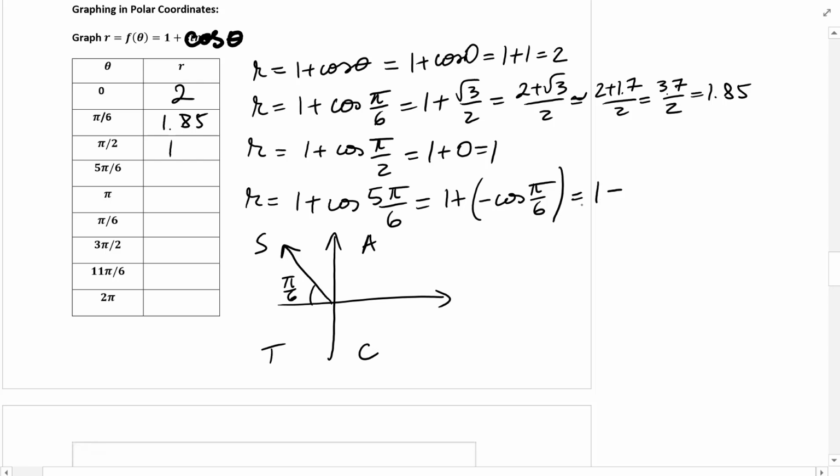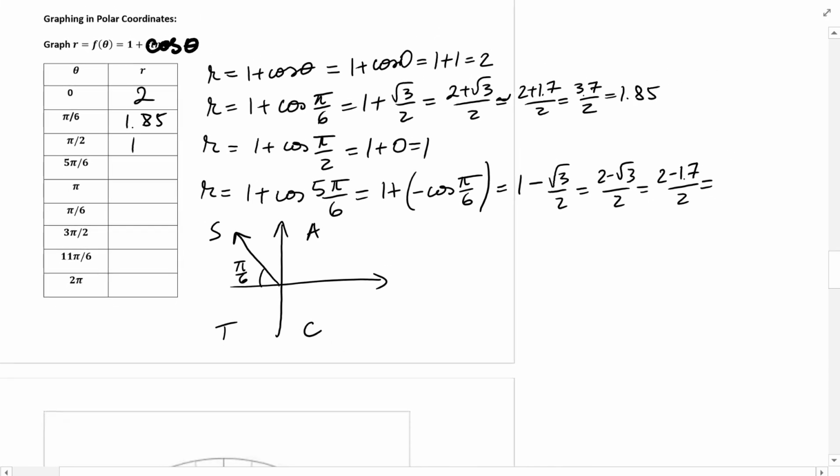So we get 1 minus square root of 3 over 2, so it's 2 minus 1.7 over 2, which is 0.3 over 2, or 0.15. Then 0.15. The next one is r equals 1 plus cosine pi, so that is 1 minus 1, which is 0.